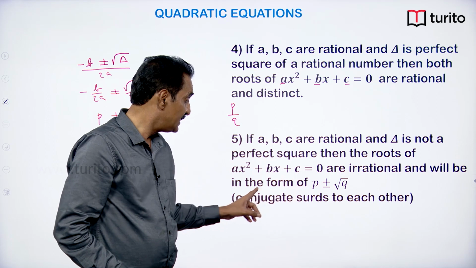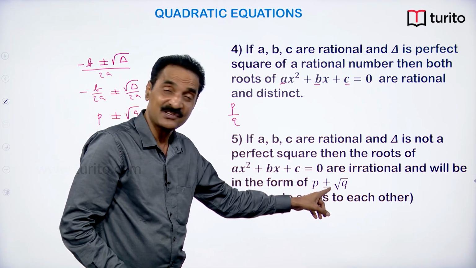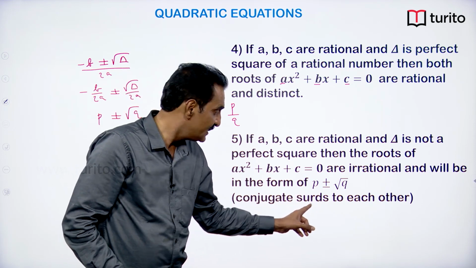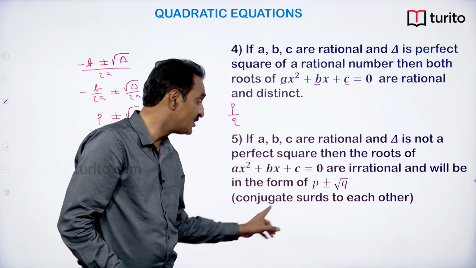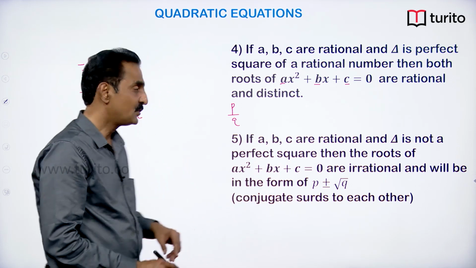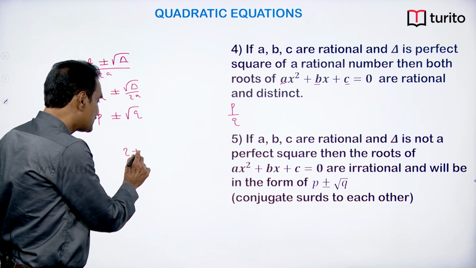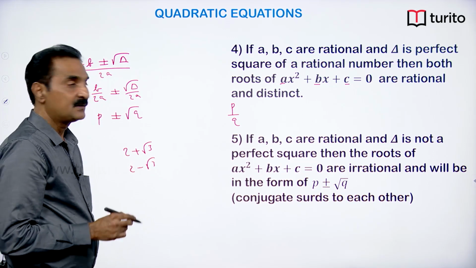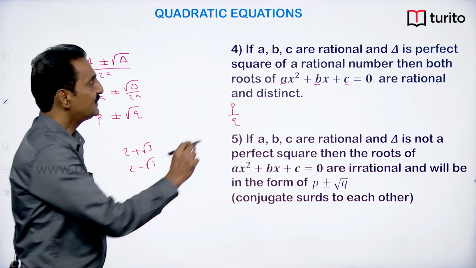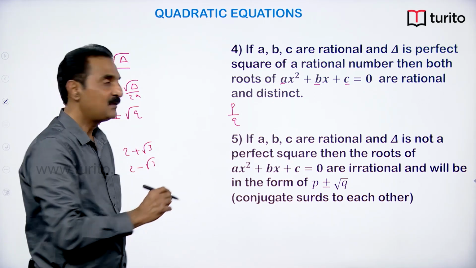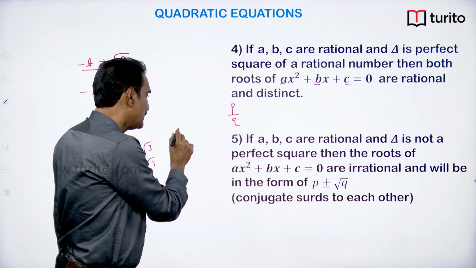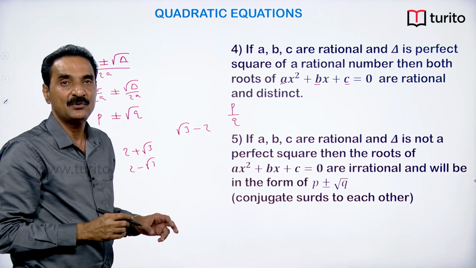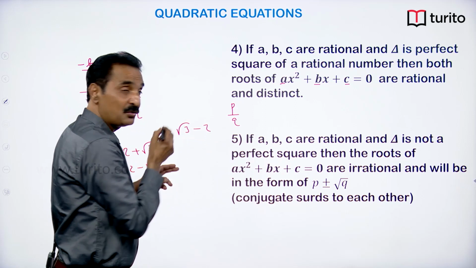Okay. And these two irrational numbers, p plus root q and p minus root q, are called surds, and they are conjugate surds to each other. So, the conjugate surd of 2 plus root 3 is 2 minus root 3. Suppose it is known that the coefficients are rational and one root is say root 3 minus 2, then you cannot directly take the other root as root 3 plus 2.